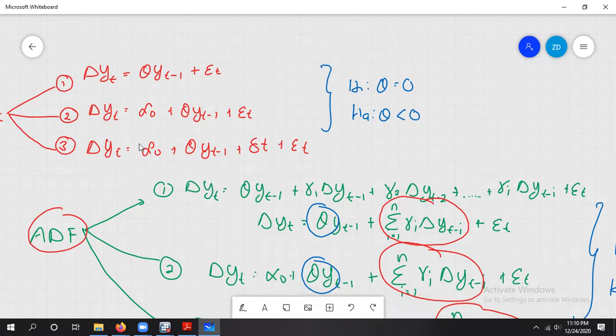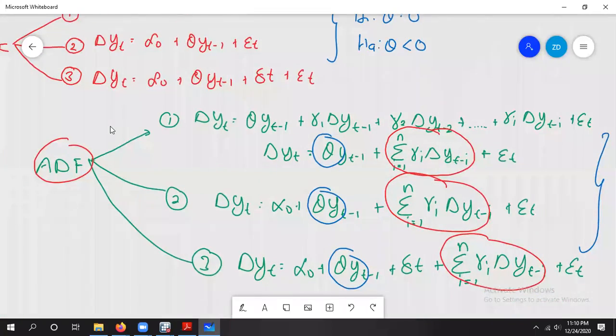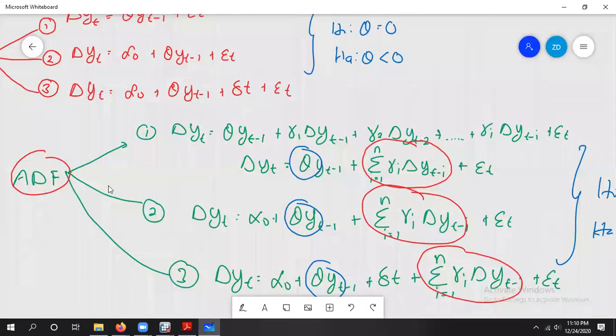Only the difference between the Dickey-Fuller and augmented Dickey-Fuller is that for the augmented Dickey-Fuller, we augment it with the dependent variable with the lag. So the issue now is, how many lags do we want to use?